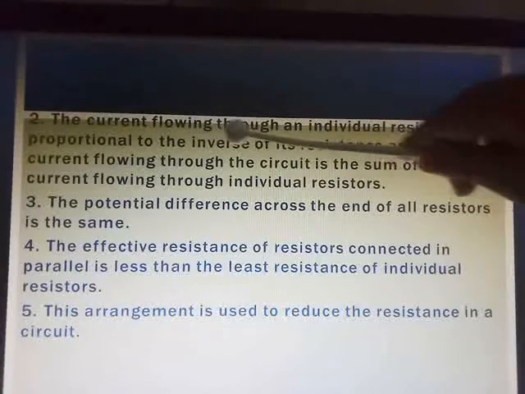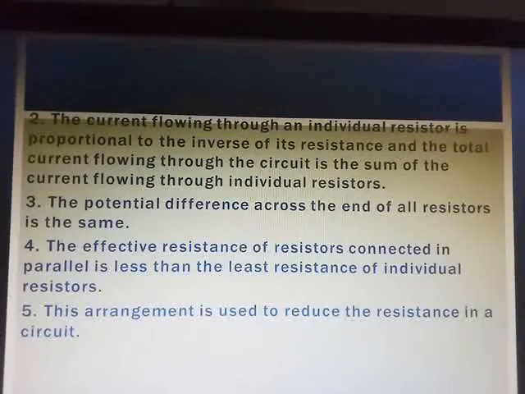Here current is equal to the sum of the currents flowing through individual resistors. There potential difference was different. Here potential difference is same. Then you can write both the formulas for the expression, and you can write one arrangement is used to increase the resistance, other arrangement is used to decrease the resistance. It can also be a full-fledged distinction.